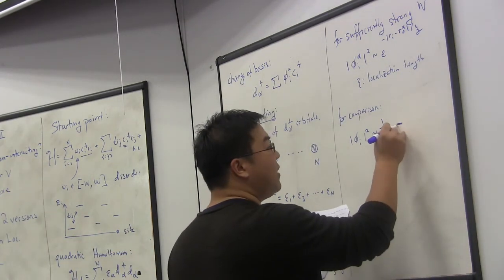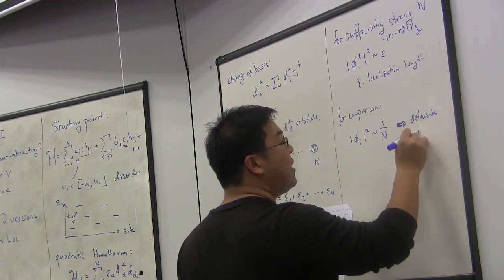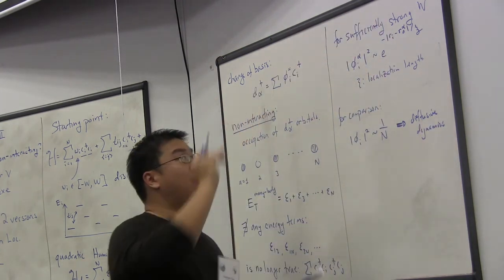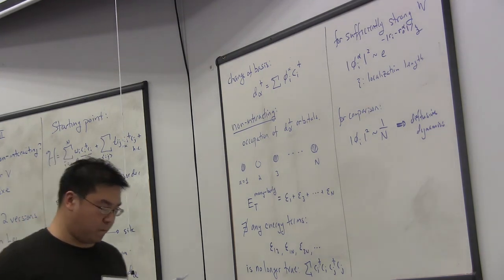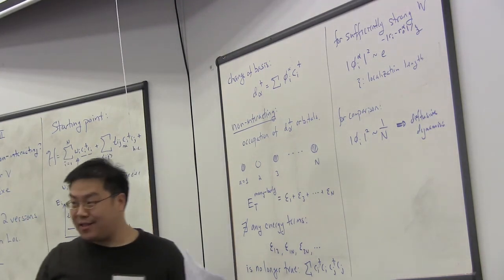And it turns out this is exactly what Dima explained leads to diffusive dynamics, and in this context over here, what leads to localized dynamics. Good. I see lots of smiles and nodding.